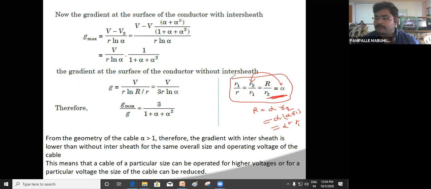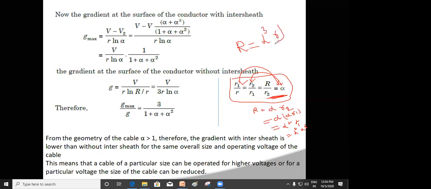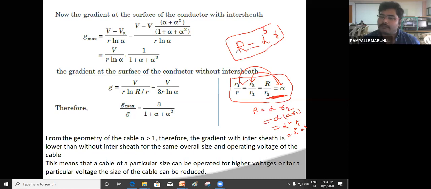Again R1 can be written as alpha into small r, so here you will get alpha cubed into small r. So finally your capital R value can be written as alpha cubed into small r. This value will be substituted in this expression, so in place of R, you will write this.